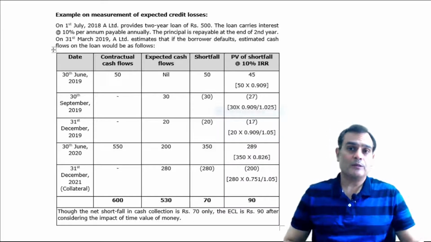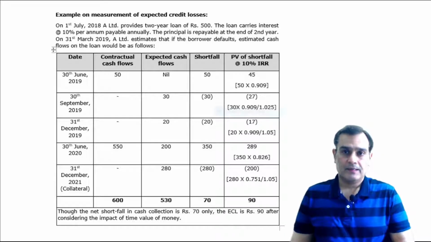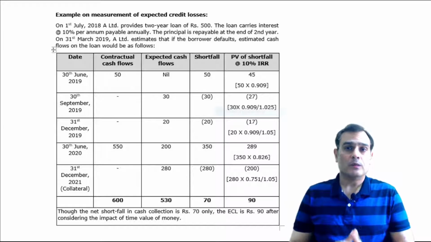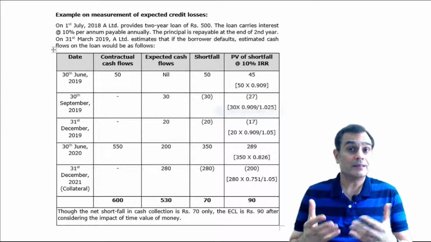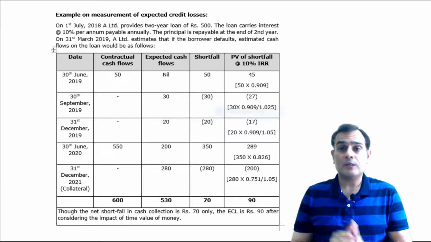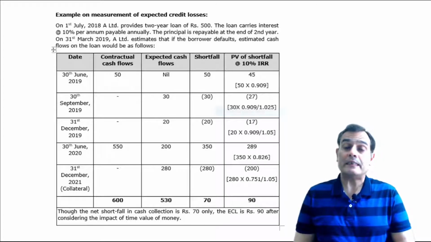So we need to calculate the shortfall on 30th June 2019 and discount it for the time value of money. Similarly, on 30th September, we received an inflow. This is not a shortfall, this is like a surplus. So you can see I've taken the shortfalls and the surpluses on each and every date.